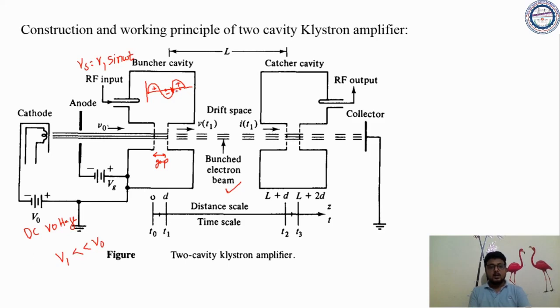It is faster. So in the drift space, all these electrons in one cycle make a bunch, and this bunching process occurs in the drift space. This bunched electron beam travels to the catcher cavity and reaches it. The catcher cavity catches the energy from the bunched electrons.